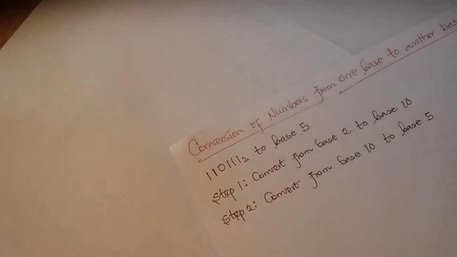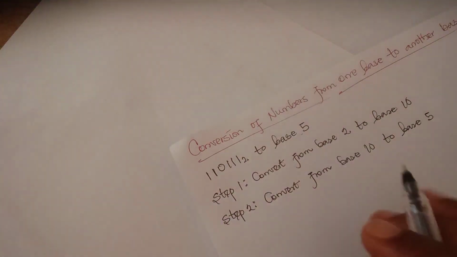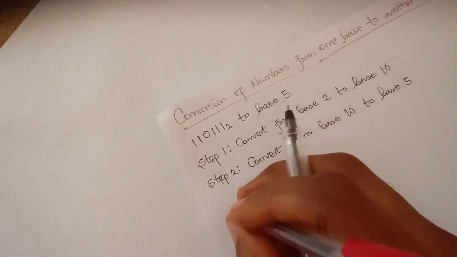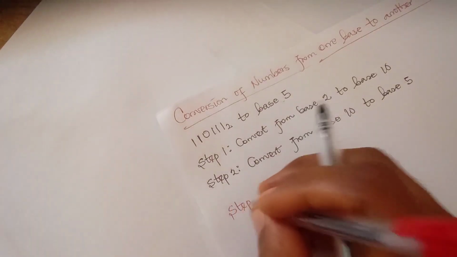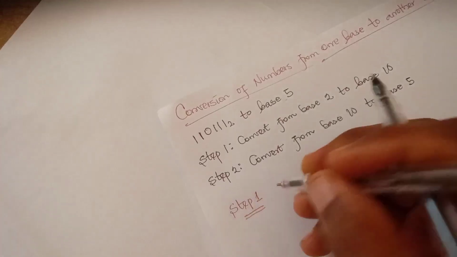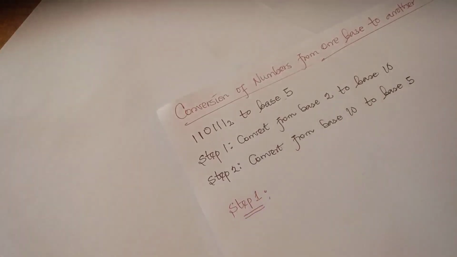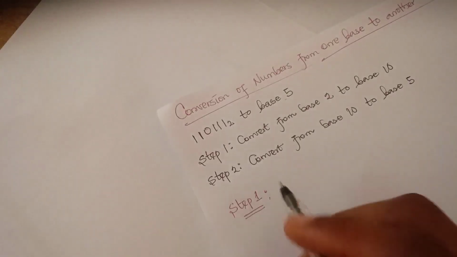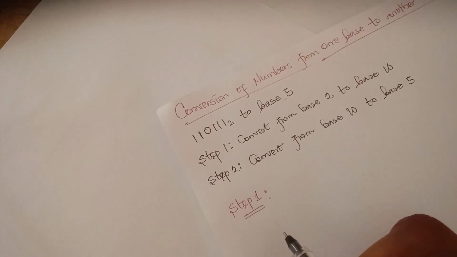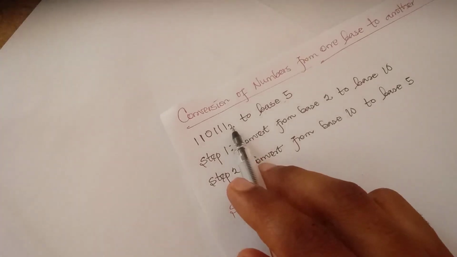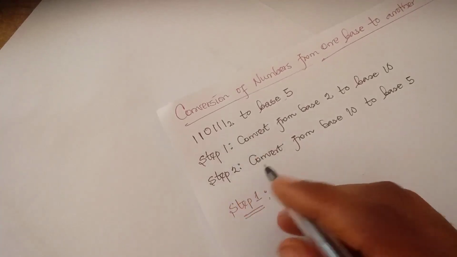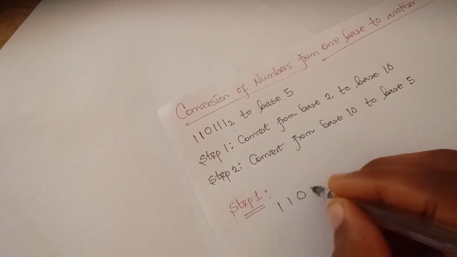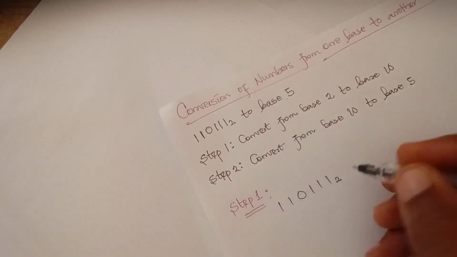So let's go on to step 1 of the conversion. Now, when you're converting from a particular base to base 10, you will be multiplying each digit by the power. So this is what I'm talking about. We have 110111 base 2.